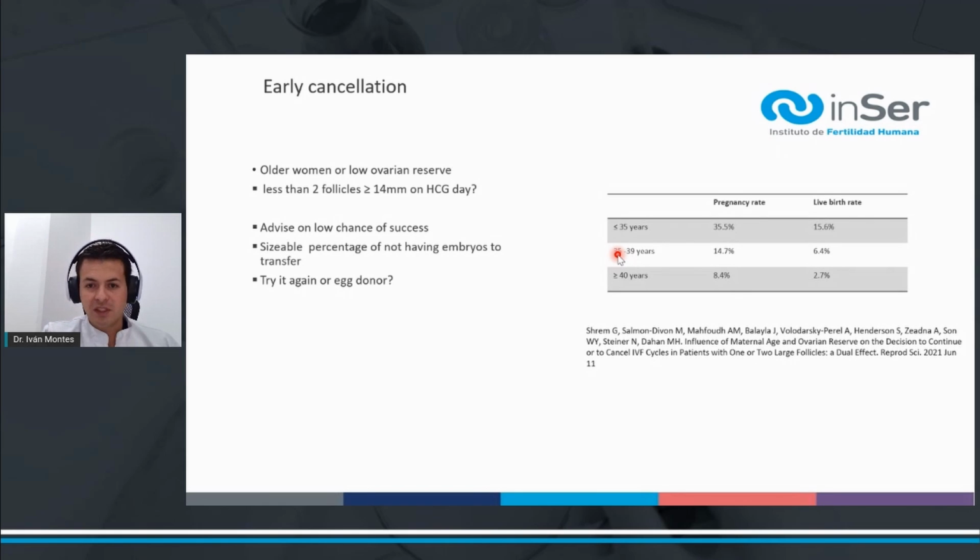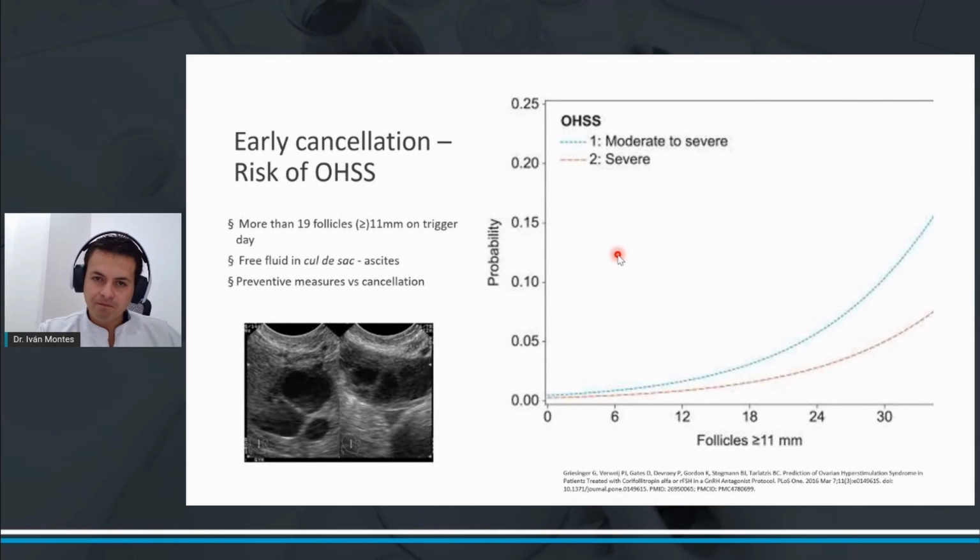It's very difficult. This decision is one of the worst decisions that you have to make when you're in front of the patient. But as you can see, this is a very recent study, and even with these results, I would recommend that you go on with the treatment, because it's better to have an 8.4% pregnancy rate and a live birth rate of 2.7 than to cancel the treatment, because in that case you will have 0% chance. But I have to say, that's just me.